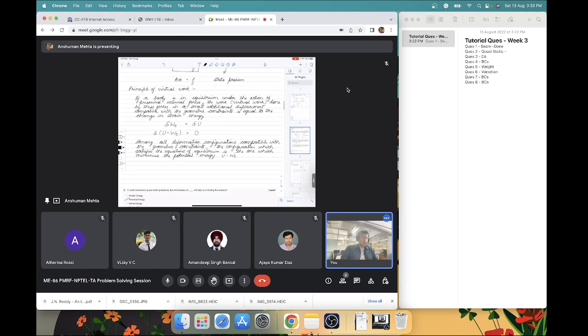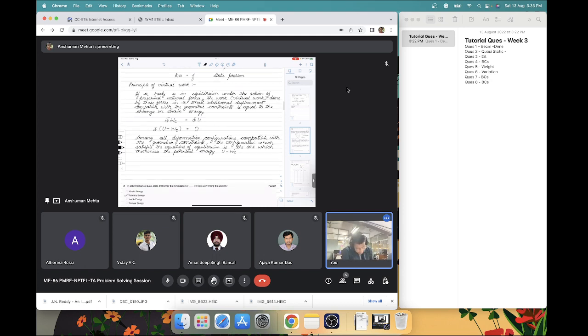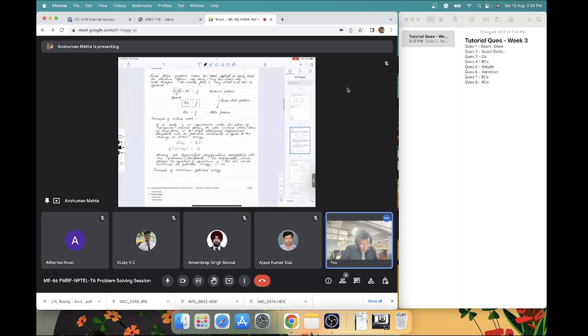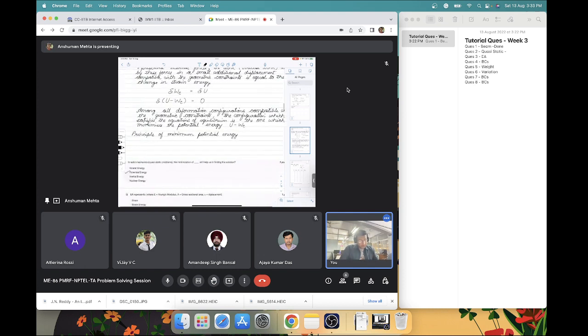So this is the equivalency between the principle of virtual work and the principle of minimum potential energy. These are equivalent statements. Okay. So in solid mechanics, the minimization of the potential energy will help us in finding the solution.